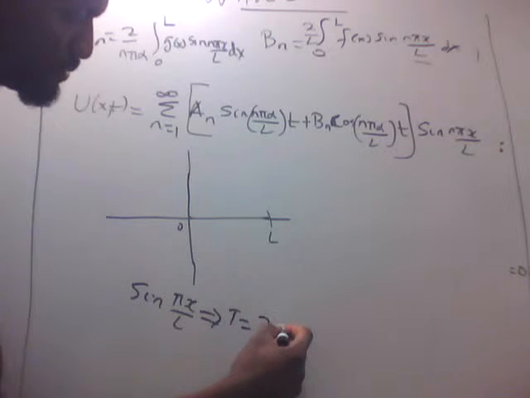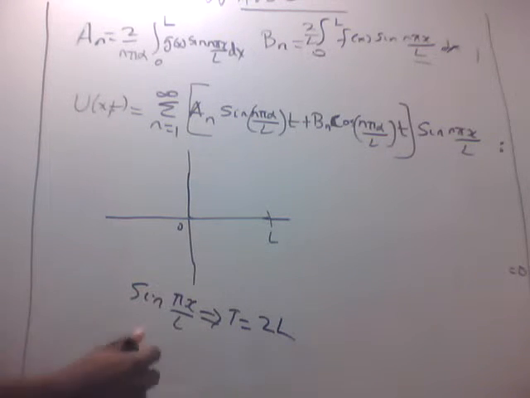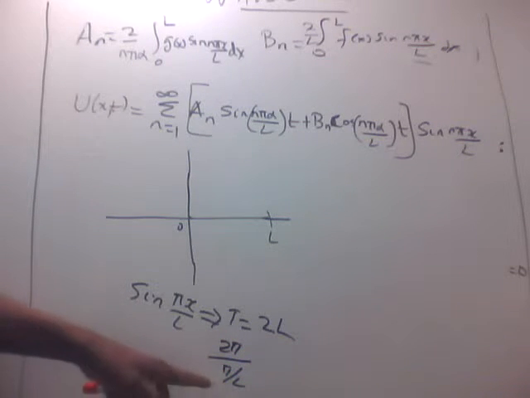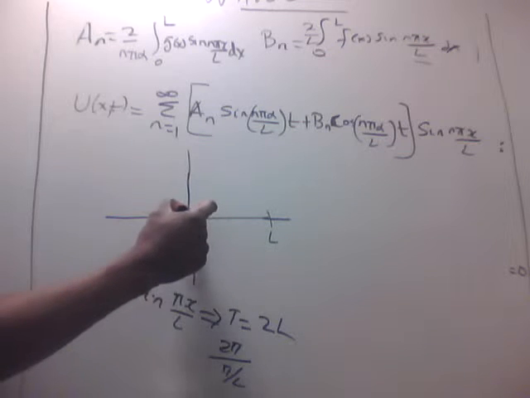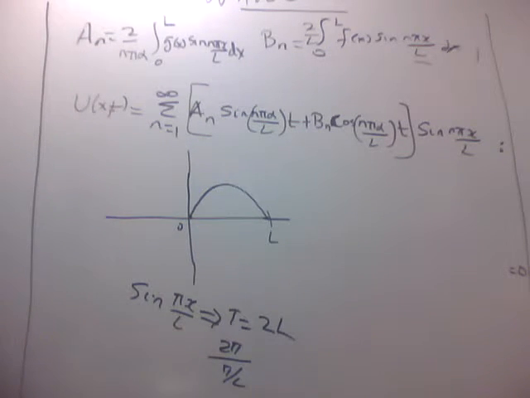So that's 2L. So its periodicity is 2L, which means that my first function looks like this.